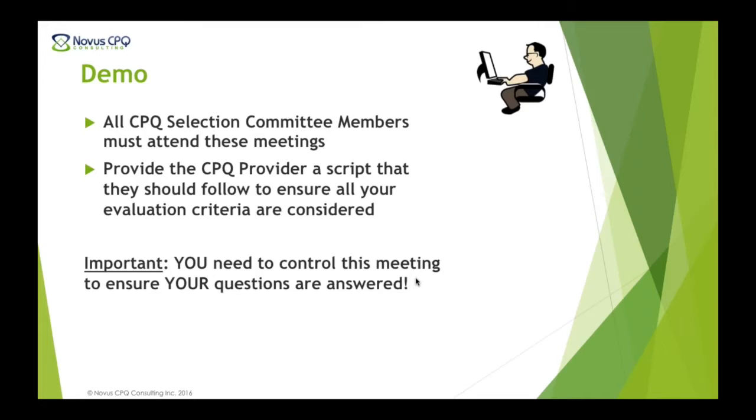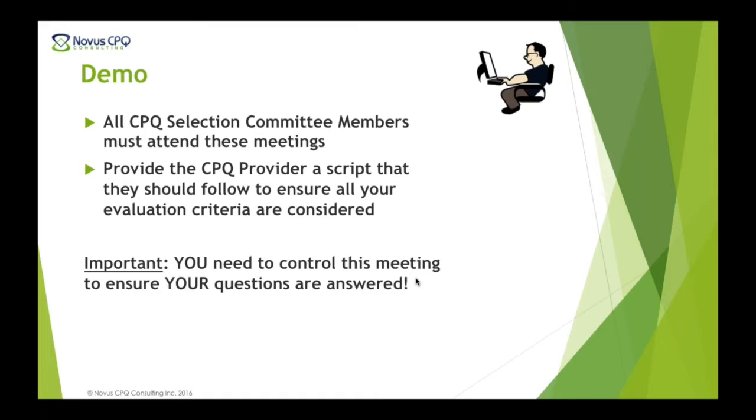So now, when this is done, you want the 4 to come in and actually do a demo. When you do the demo, one key expectation is that all the selection committee members must attend these meetings. So they all need to be there. And you should provide your CPQ provider a script that shows them what you are looking for. So that in your case, it's important to make sure all your evaluation criteria are met, so you get an understanding how well does this provider meet your criteria.